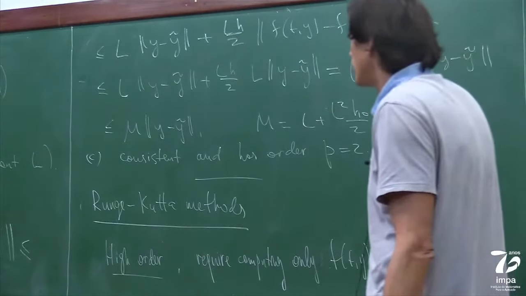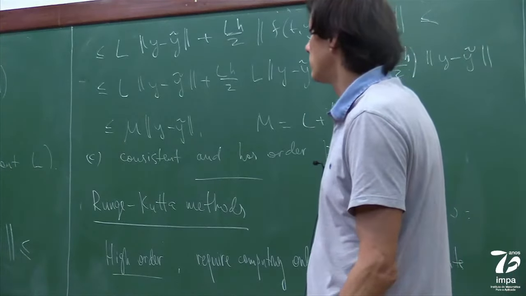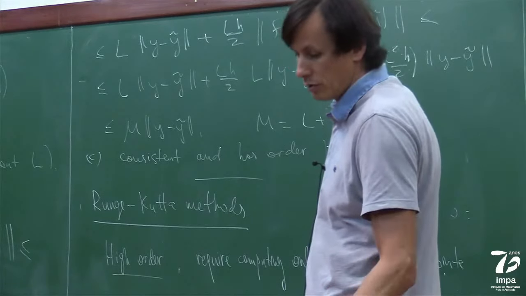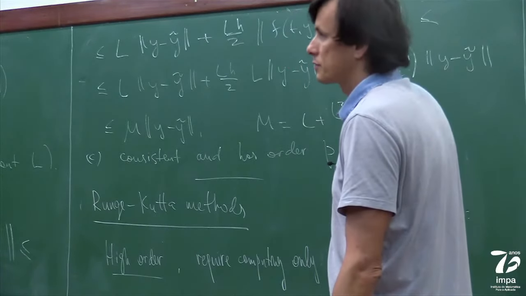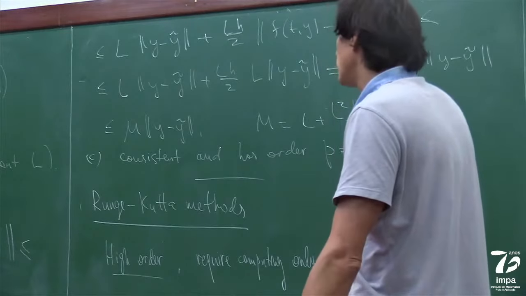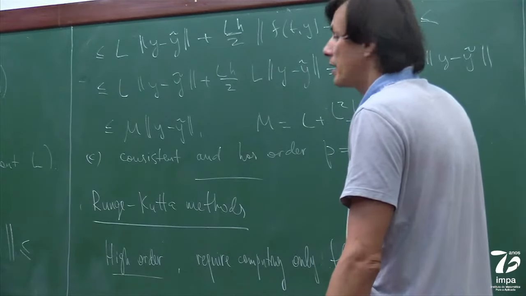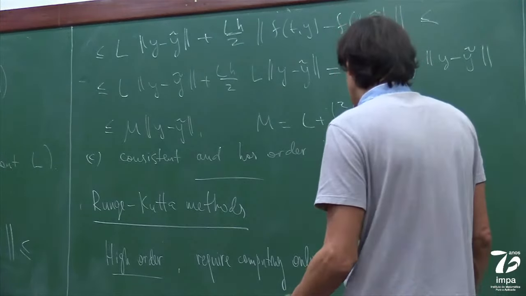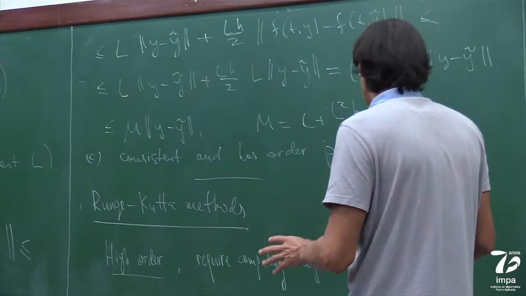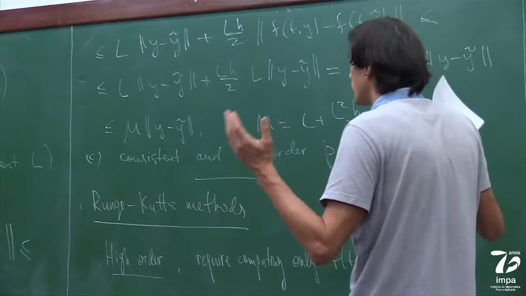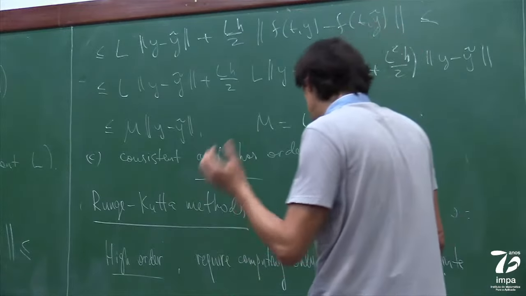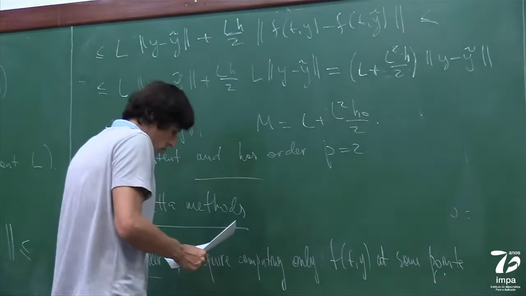But numerically, this is a trouble, because using such a method means that you need derivatives. And derivatives can be costly. They also can be inaccurate. So there can be many problems. So the good part of Runge-Kutta is that you don't need to compute derivatives. You just compute the same function, but in a few points. So let's see how it works.